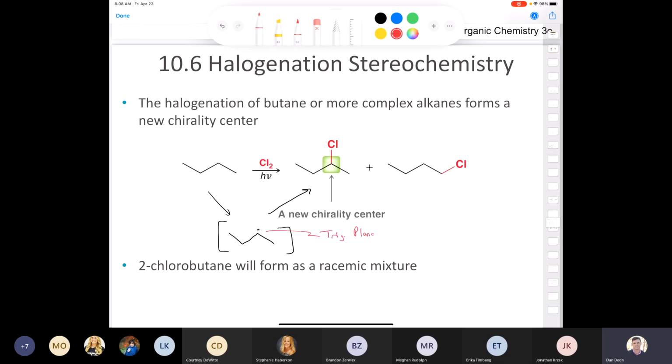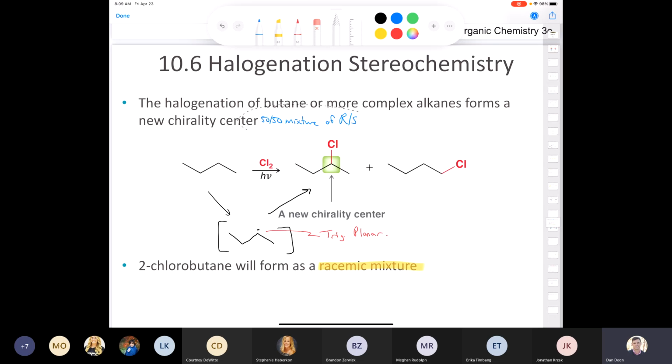It can be regarded as being trigonal planar. And so when the halogen abstraction occurs, it can occur from either face of the molecule, and thus we're going to end up with a racemic mixture, right? This compound here is going to be isolated as a mixture of R and S. And racemic mixture means a 50-50 mixture of R and S.